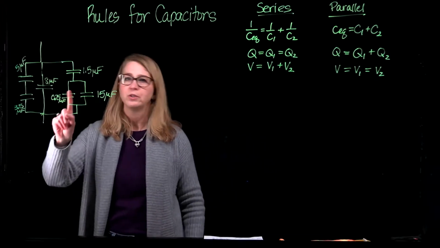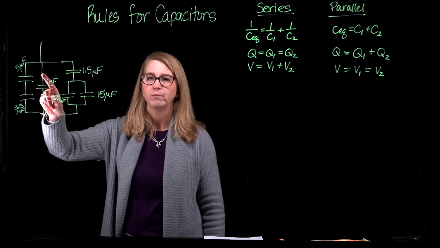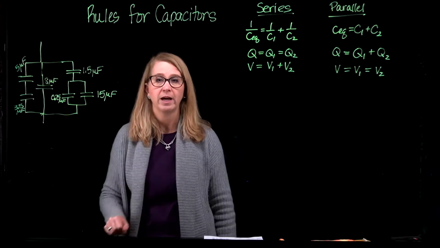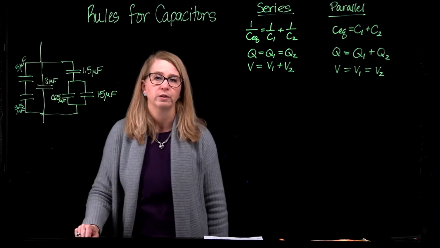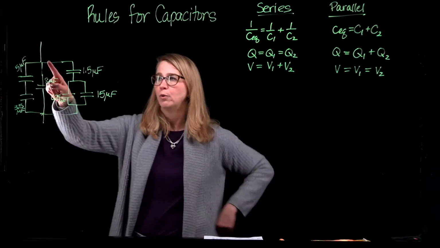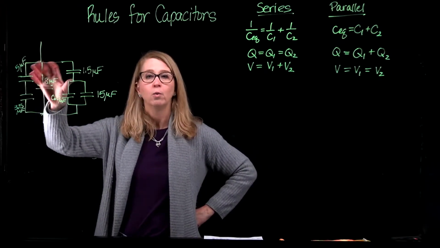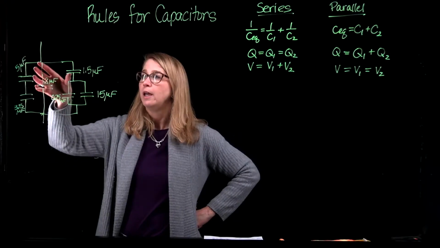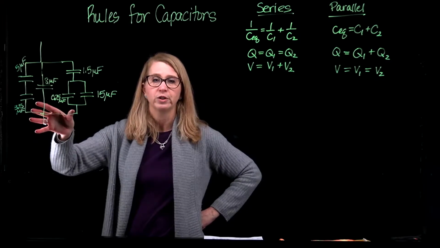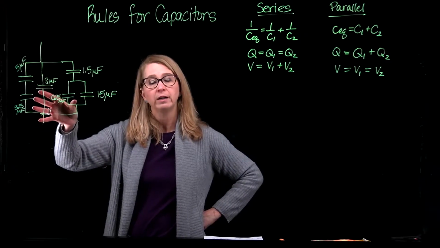Now we also see in this diagram some examples of capacitors in parallel. The way we can determine when there are capacitors in parallel is we reach a point in the circuit where the wires branch into different directions, and each of those branches is in parallel with each other.